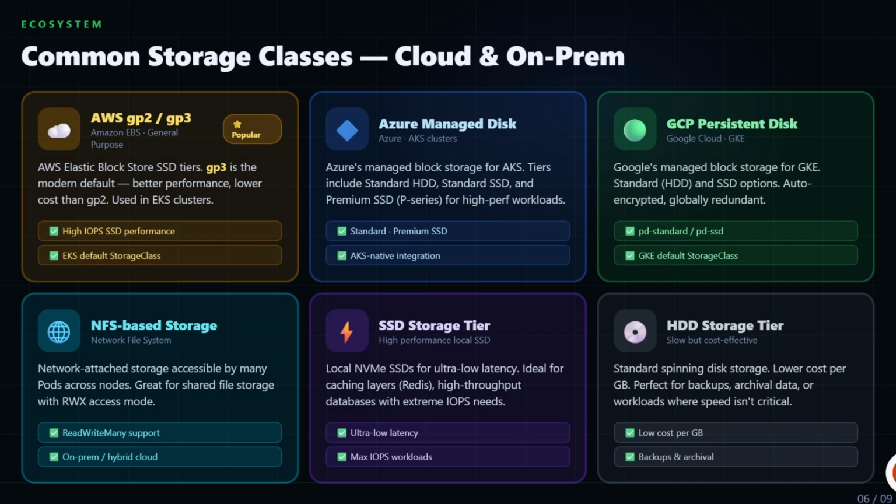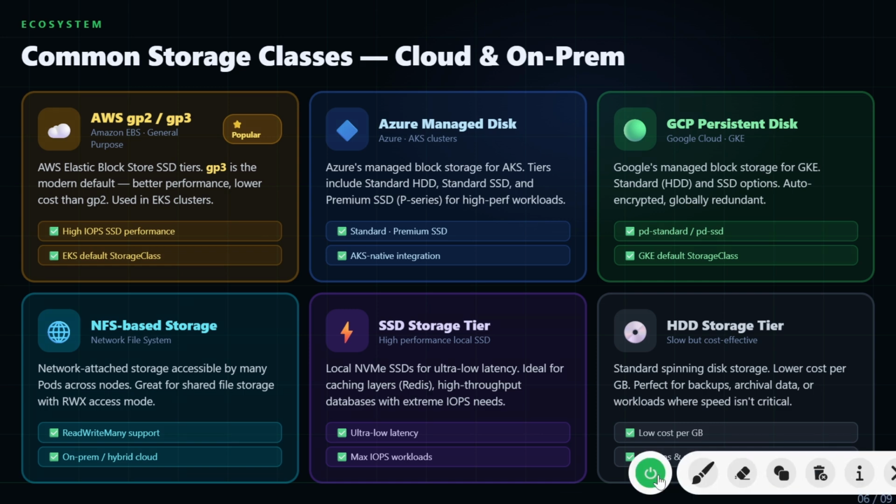Now let us see some common storage classes. There are some cloud as well as on-prem options that we're discussing. The popular one is AWS, with types GP2 and GP3. Okay, so Amazon EBS is a general purpose storage class, the AWS Elastic Block Storage SSD tier, and GP3 is the modern default.